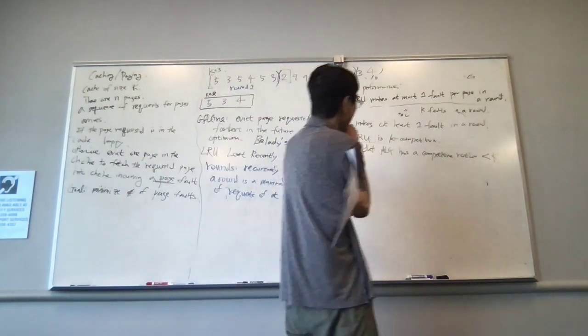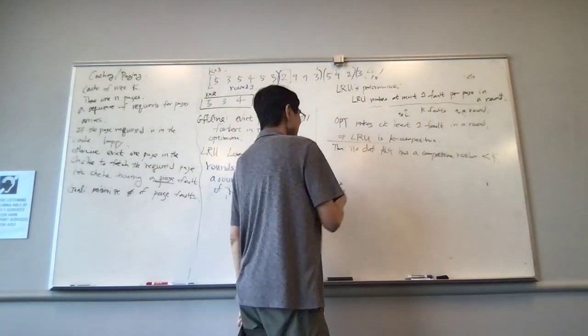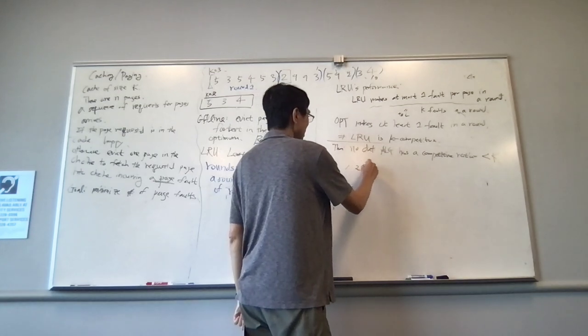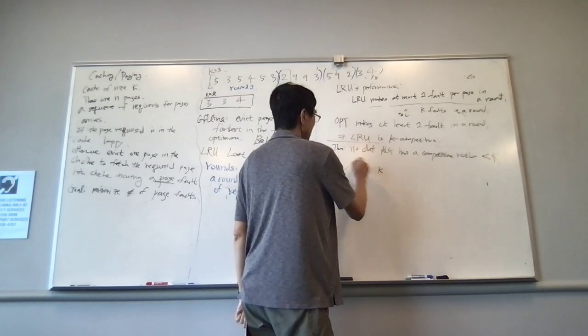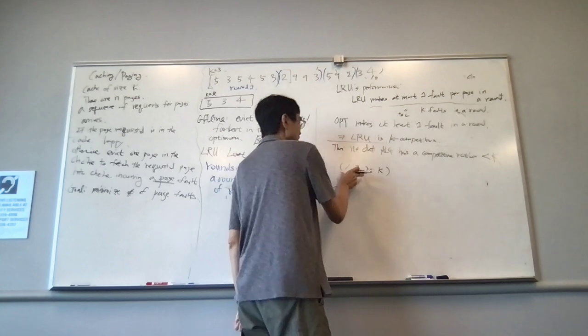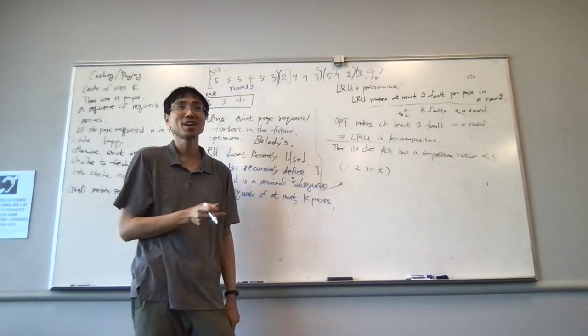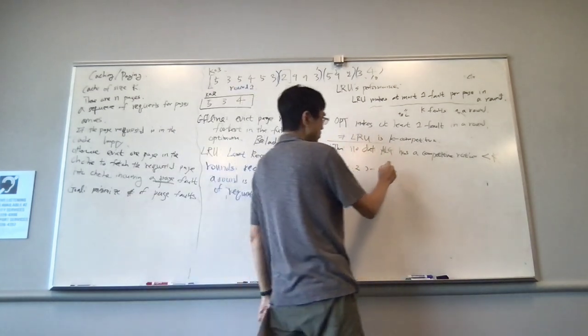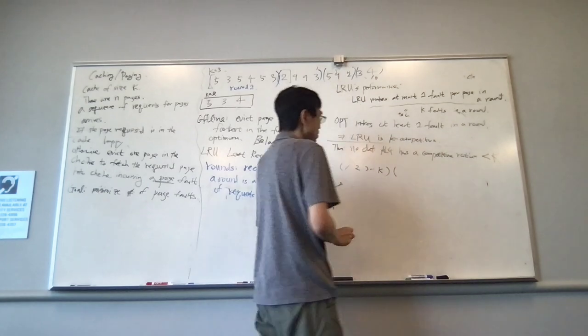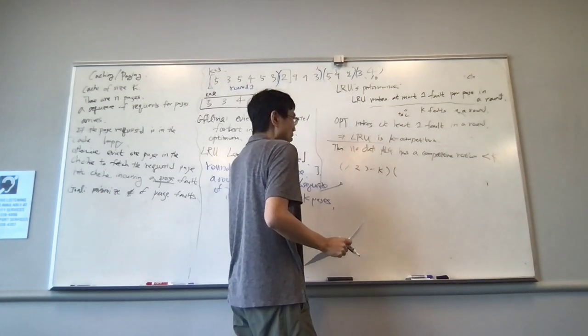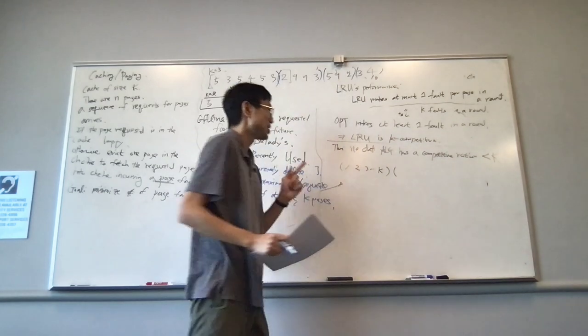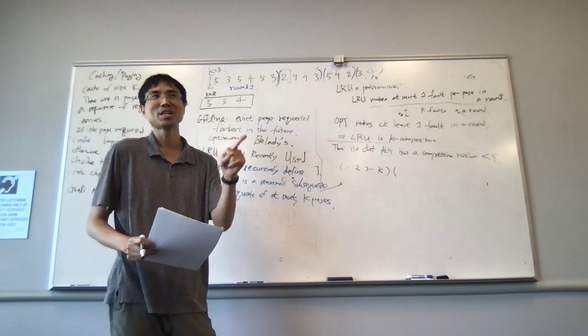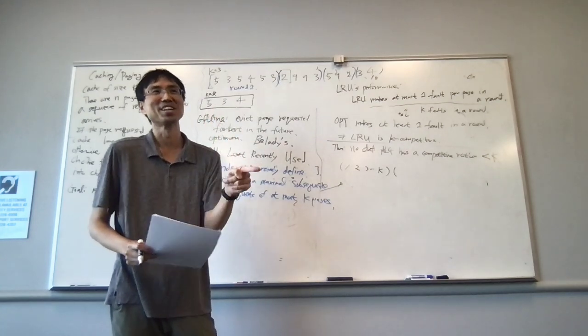It's a kind of simple example. Say the first round is 1 through K, and I'll just explain in words. What's my strategy? If you evict some page, I'm going to request it right away.